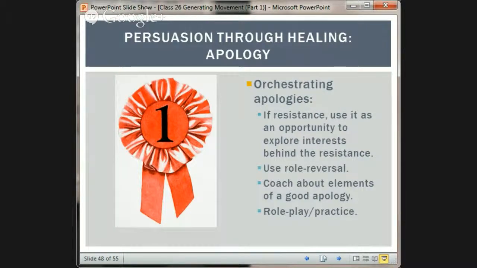And you can use role reversal. Well, what do you think would happen if you gave this apology? How would the other side likely receive it? What might happen if you were able to apologize for this particular thing? Coach about the elements of a good apology, and then give them a chance to role play and practice.